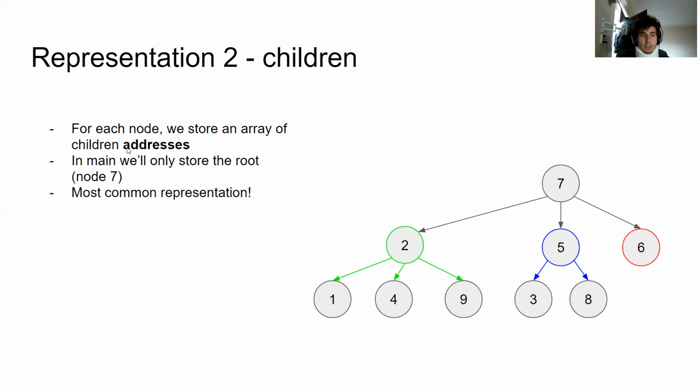And we store the children as addresses, so we don't duplicate the information. We'll see how that looks in a moment. In the main function, we'll only store the root. We'll only know the node 7, because from node 7, we can go everywhere else. And this is the most useful representation. I've seen this in practice a lot of times.